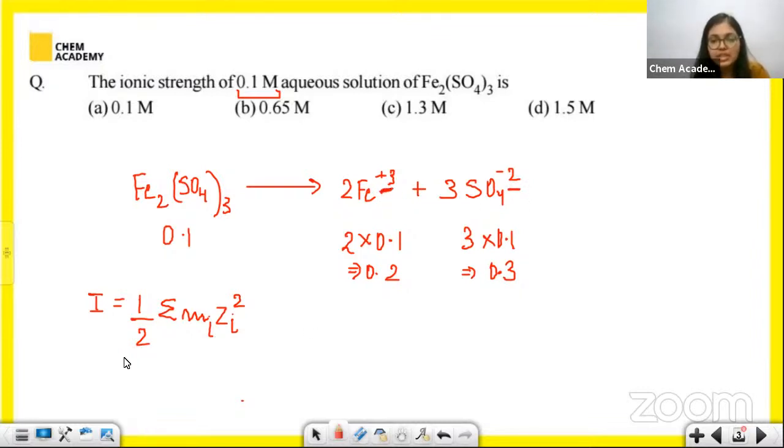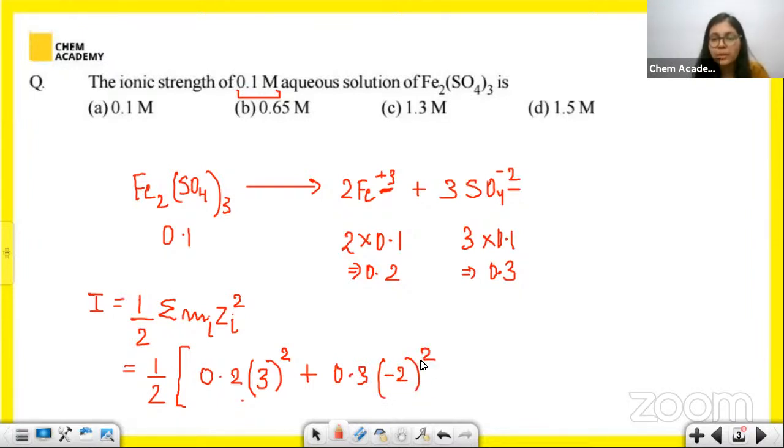Now we are going to substitute the values in this equation and finally calculate the ionic strength. For 2 Fe3+, it is going to be 0.2 into its charge, which is 3, squared, plus the concentration for SO4 2-, which is 0.3, into its charge, which is -2, squared.